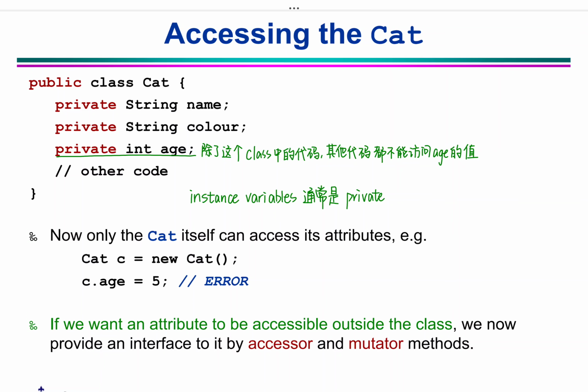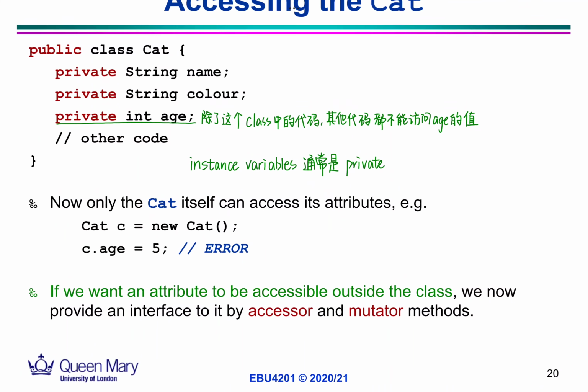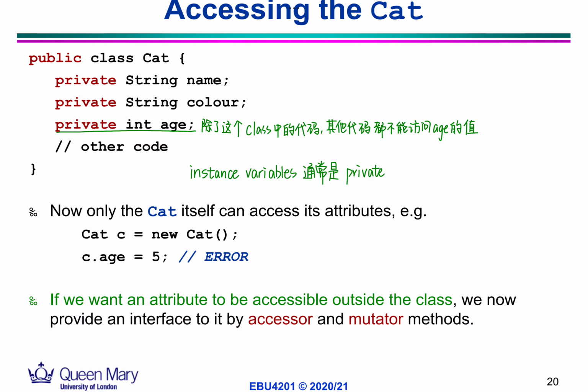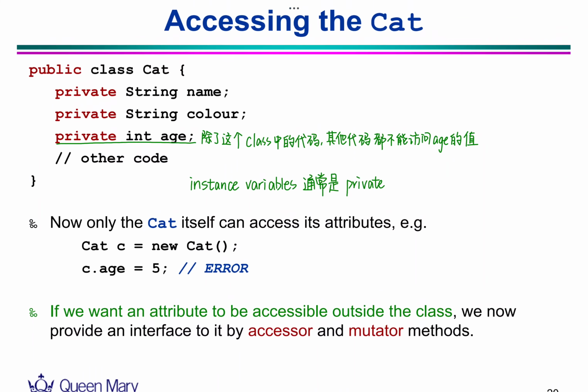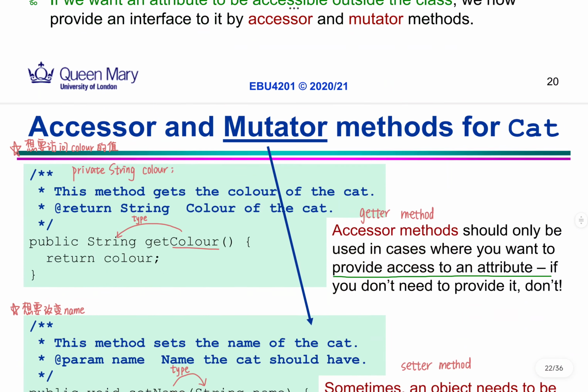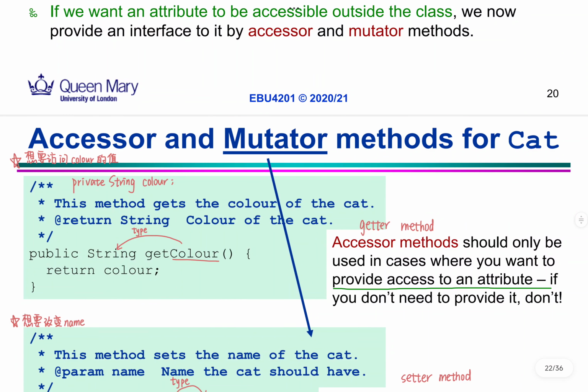So we can set and get only within this class. If we want to make an attribute private, we provide access by an accessor and a mutator.